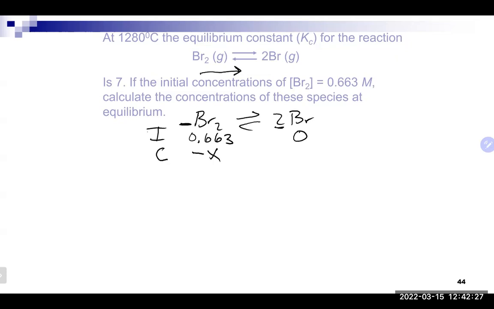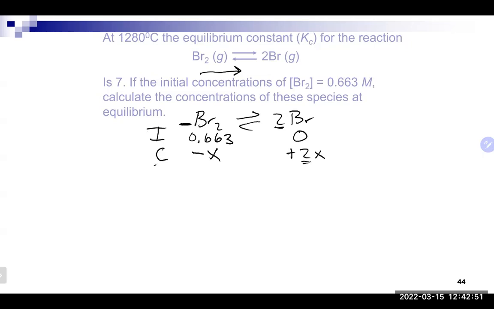Otherwise, you just screwed up the mole to mole relationship of this calculation. And we would represent that by plus 2x in this case. So it's really important in the change part to take the coefficients into account, because when you do that, it is taking care of the mole to mole relationship, the stoichiometry for you altogether. If you don't do that, then you pretty much screwed up the calculation here.